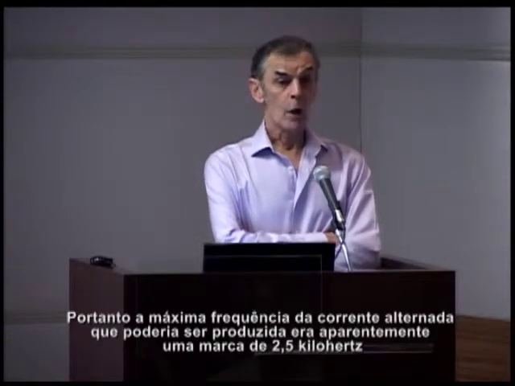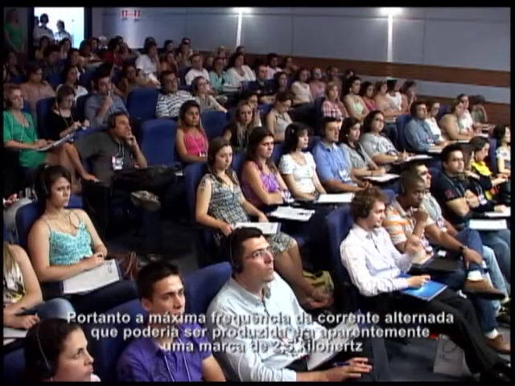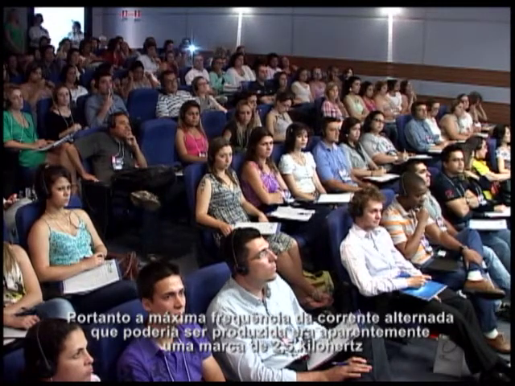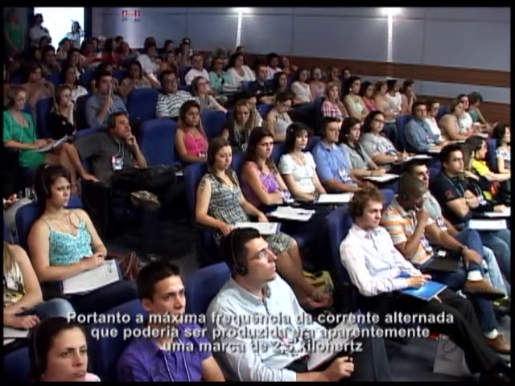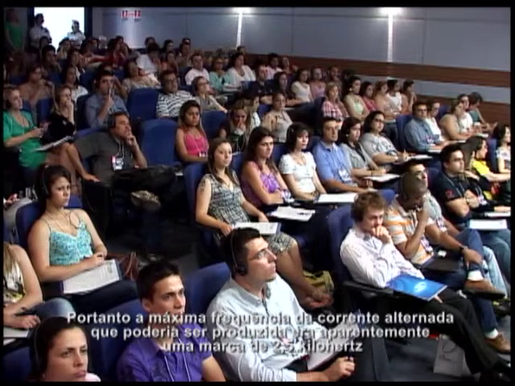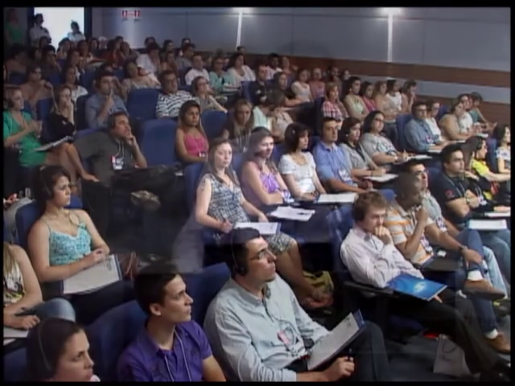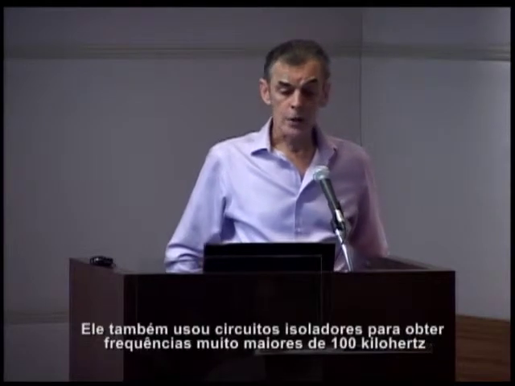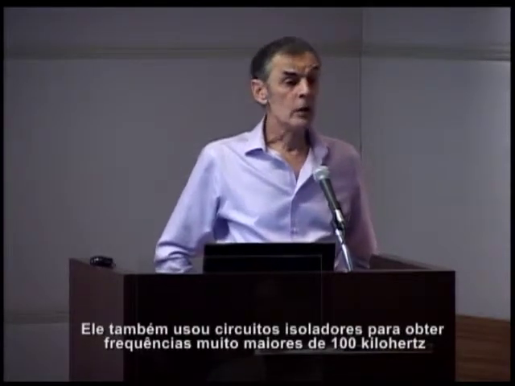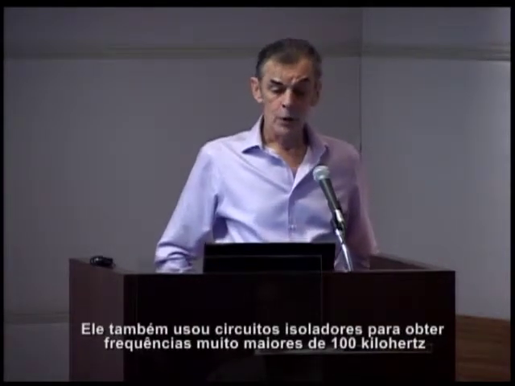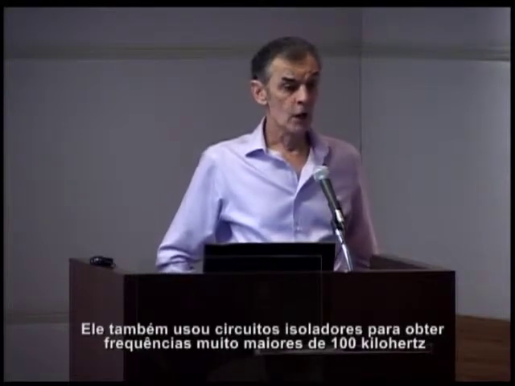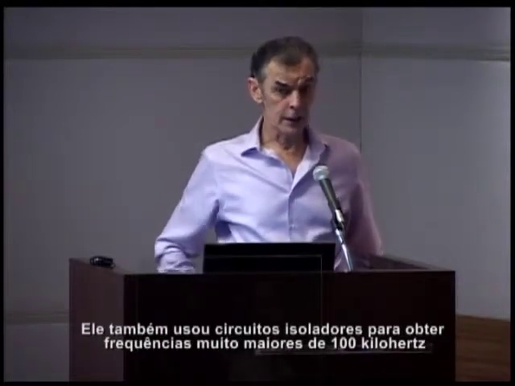So the maximum alternating current frequency that could be produced was up around the 2.5 kilohertz mark. D'Arsonval also used electrical oscillator circuits to produce much higher frequencies, of the order of 100 kilohertz.